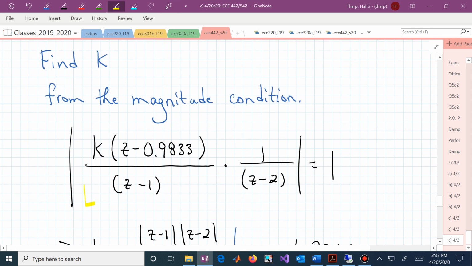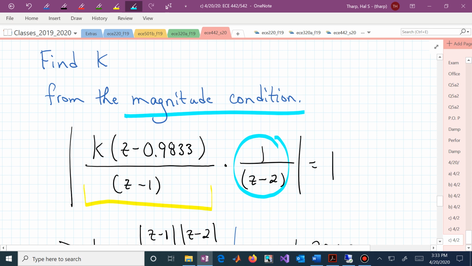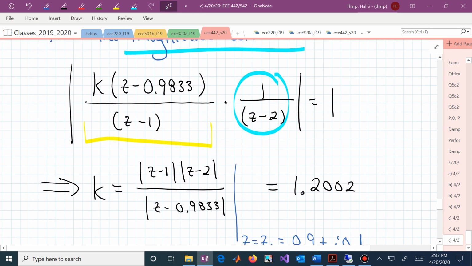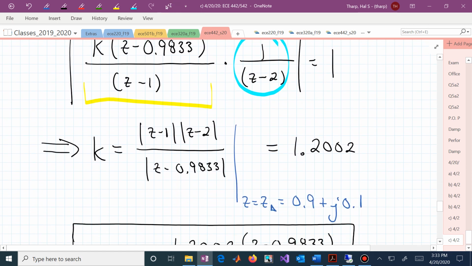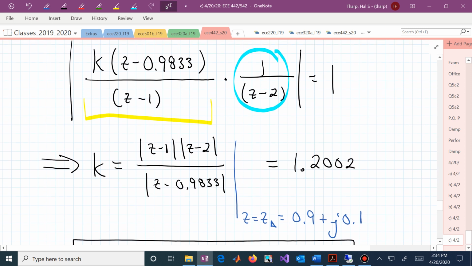Here is our controller, PI controller, and here is our plant. So CG's magnitude equals 1. That's the magnitude condition. We can now solve that for k, and we evaluate that expression for our gain at the location that we want our closed loop poles to end up at, which is 0.9 plus j 0.1.